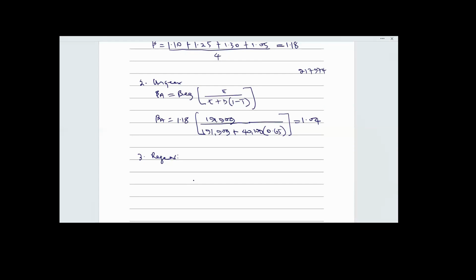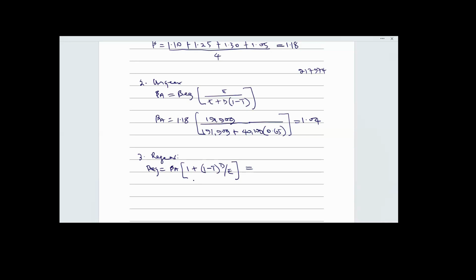Since debt beta is assumed to be risk-free, the beta equity of a geared company will be calculated as beta assets multiplied by 1 plus (1 minus tax) multiplied by debt equity proportion.